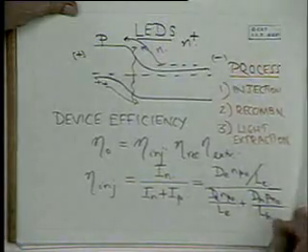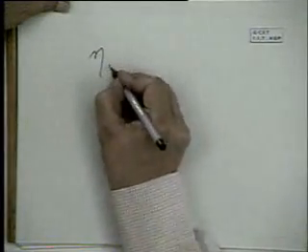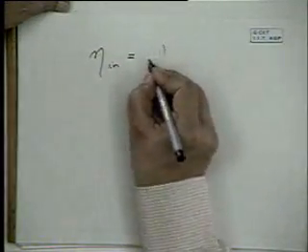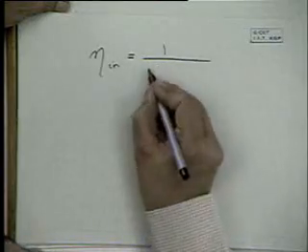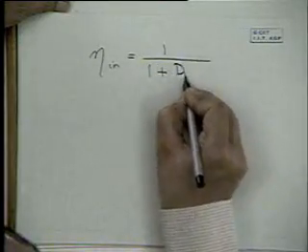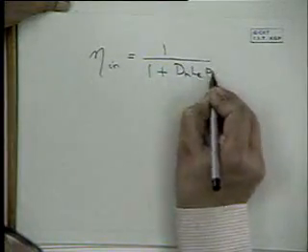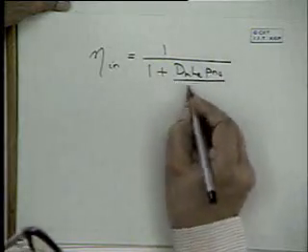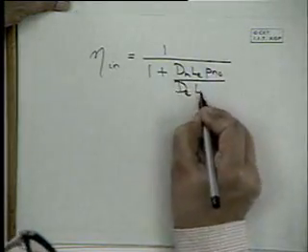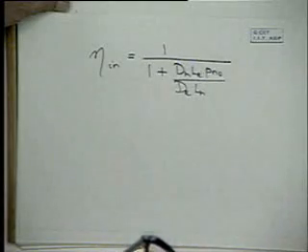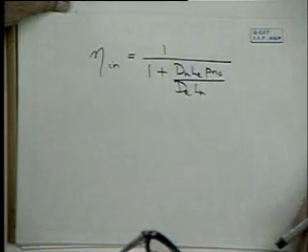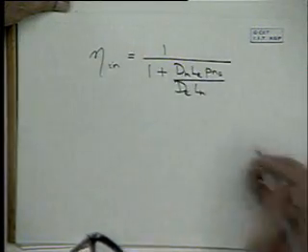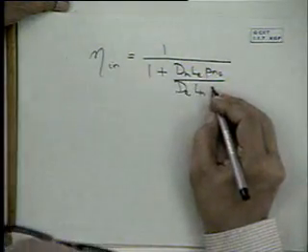So if you simplify that, we have the expression 1 over 1 plus DH LE PN0 over DE LH NP0. I think this should be NP0, right?